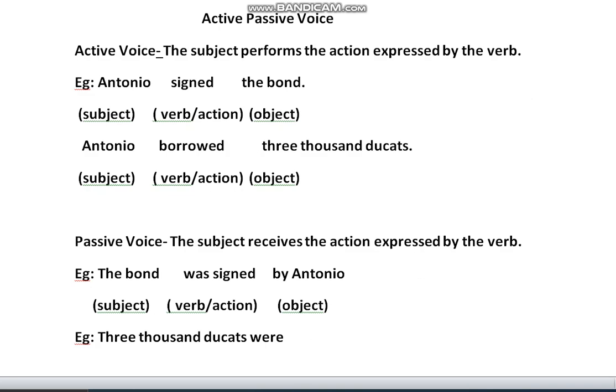Let us quickly discuss active-passive voice. In the active voice, the subject performs the action expressed by the verb. And in passive voice, the subject receives the action expressed by the verb. For example, the first sentence, Antonio signed the bond.